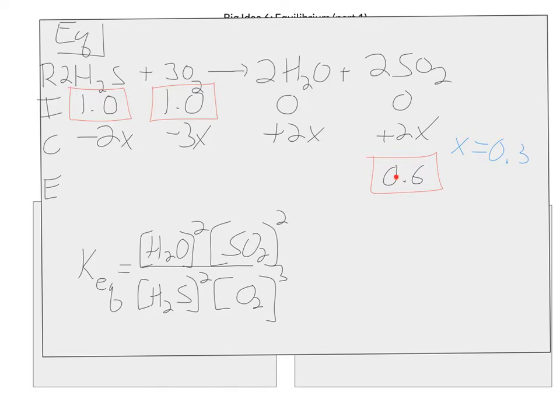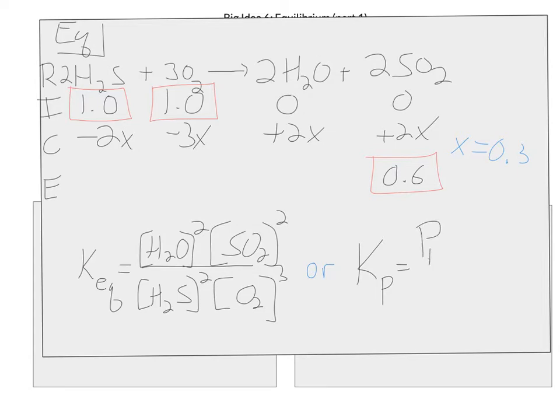So then once I have all these equilibrium concentrations, I could calculate K if it was not given to us. So there's lots of ways to fill in these gaps, lots of ways to ask these questions. And then in another sense, we could also get, if these are all gases, they could give it to us in pressures. The notation is slightly different, but the math is the exact same.